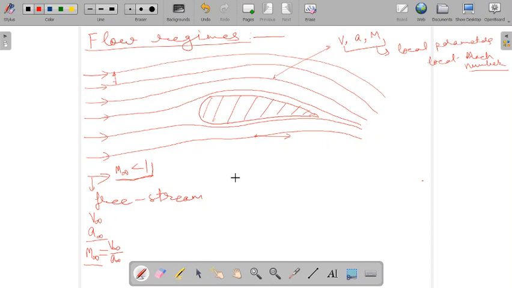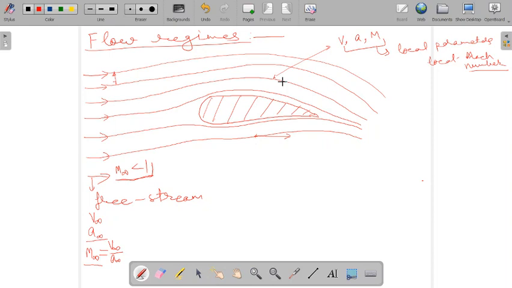So you may experience that, particularly above the top surface. Above the top surface what is happening? Flow is accelerating. Okay, here the flow is actually accelerating. So once the flow is accelerating, velocity of the flow may become higher. So if the velocity of the flow is becoming higher, then you may find some region over here where your Mach number is becoming greater than 1.